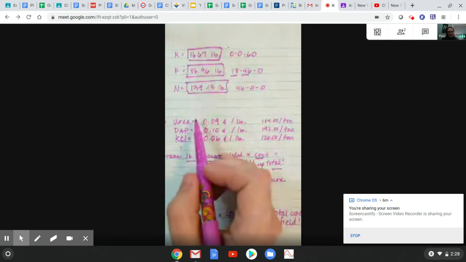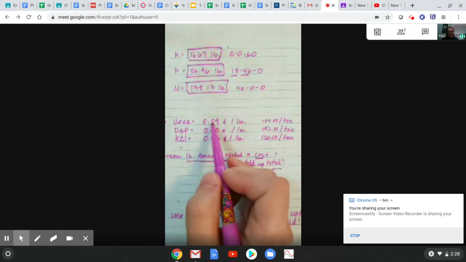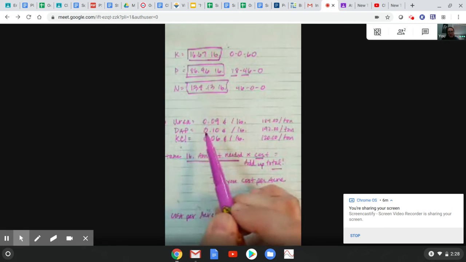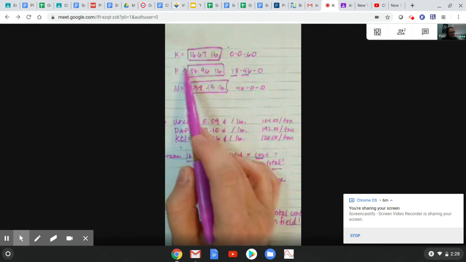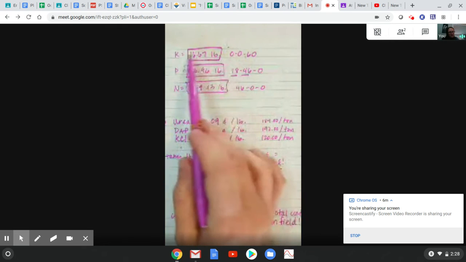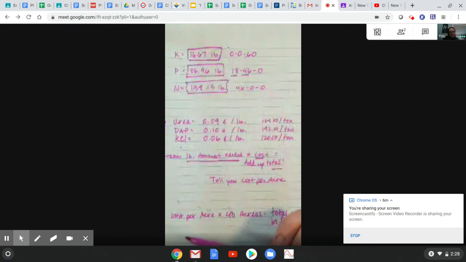So I would take 9 cents times 139.13, 10 cents times 86.96, and 6 cents times 16.67. If I total that up, that will tell me the cost per acre for this fertilizer blend.